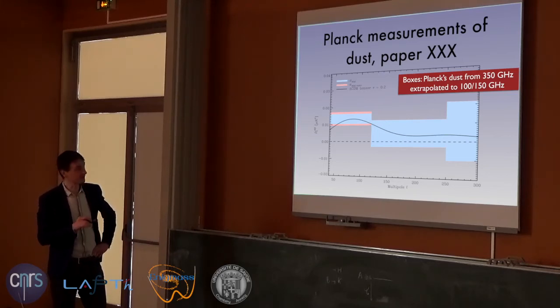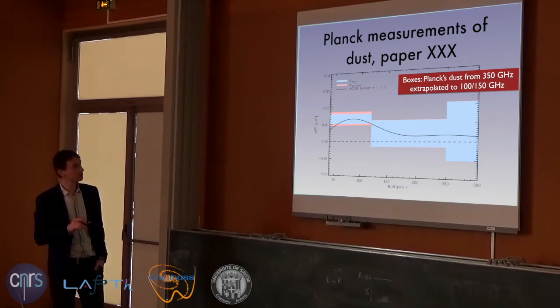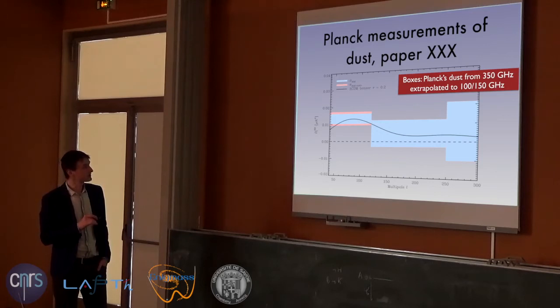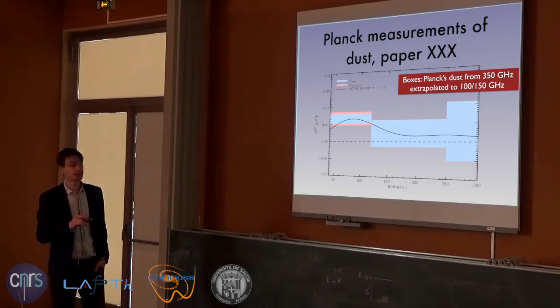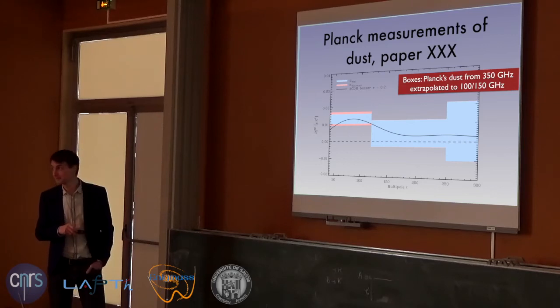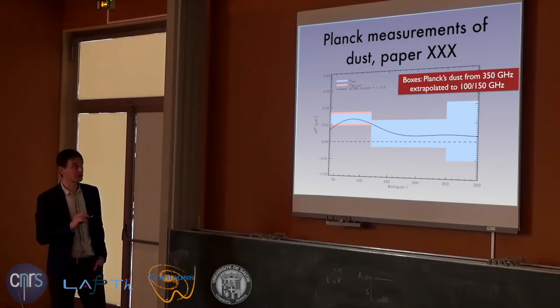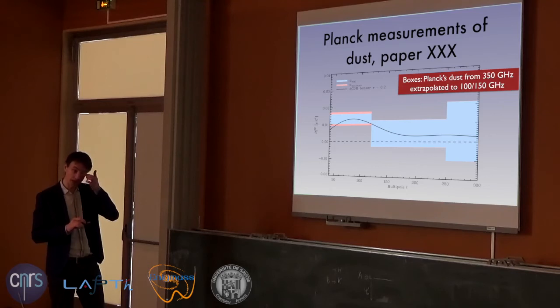So BICEP fits the sky at 100 and 150 gigahertz. Actually, BICEP and Keck together have 100 and 150 gigahertz. They come to the conclusion that the best fit is this tensor spectrum. Planck observes the sky at a different frequency, but has full sky access to the information, extrapolates that down to the frequencies of BICEP, and comes to the conclusion that you can attribute the entire signal to dust. It's an extrapolation at this point. This is from the paper of last autumn from Planck, the 30th paper.